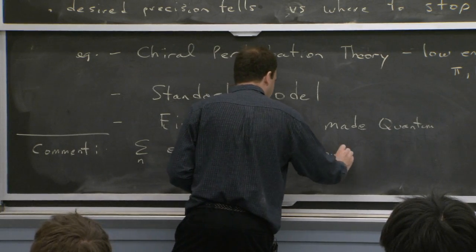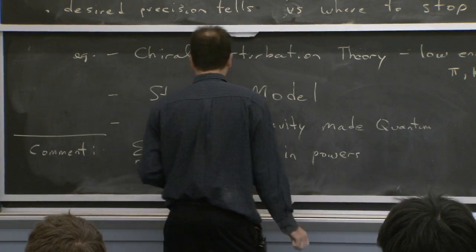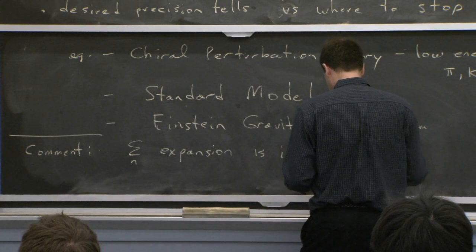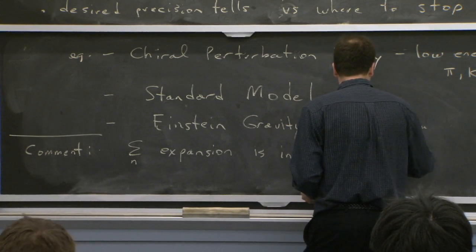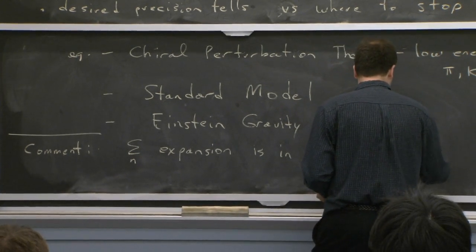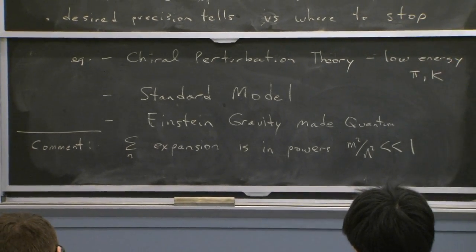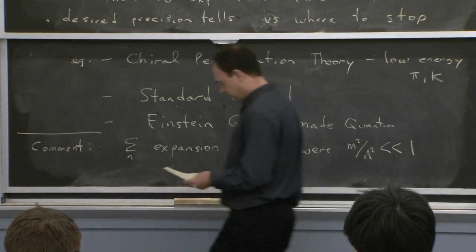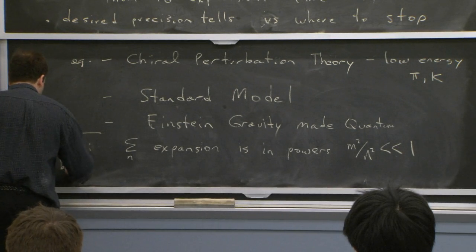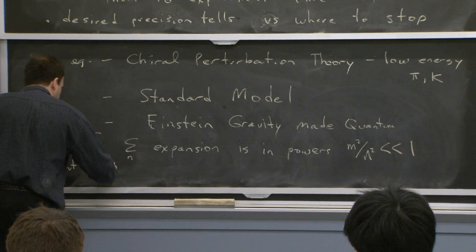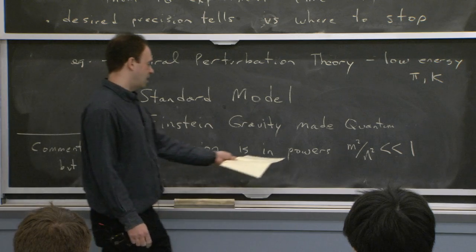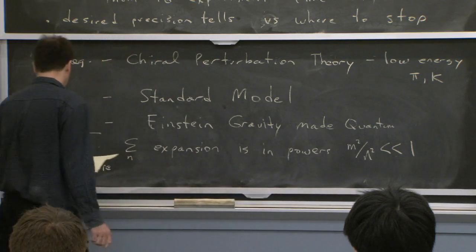So far when we've been talking about this sum over n, we've been really thinking about expansions in powers, some mass scale divided by some other scale being much less than 1. Okay, that's what we've meant by it. But when you have two scales like this, m and lambda, you also get logarithms.